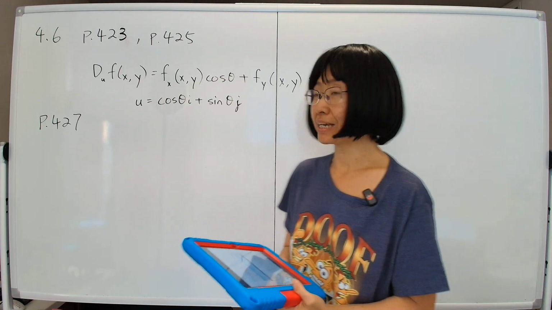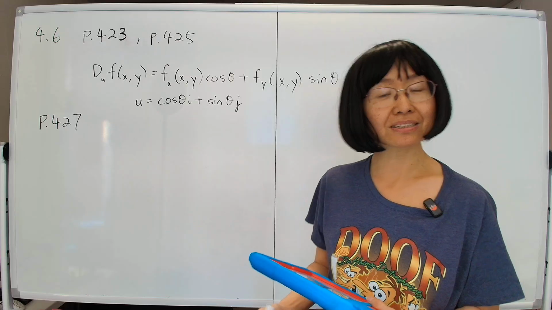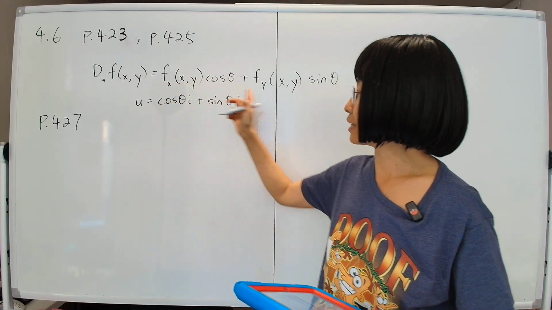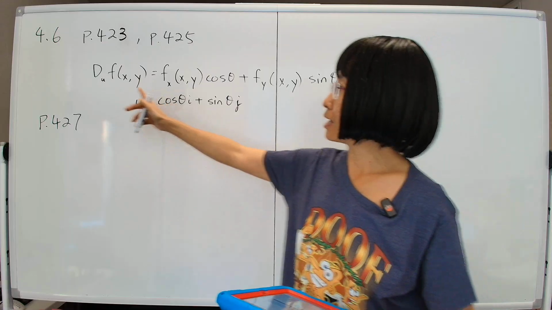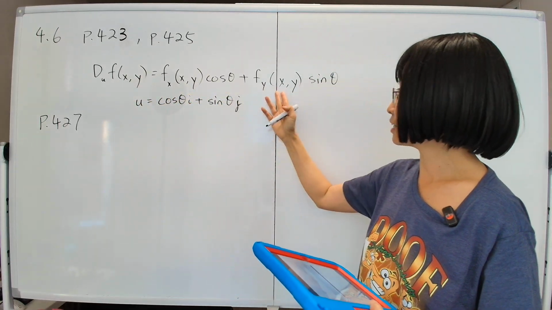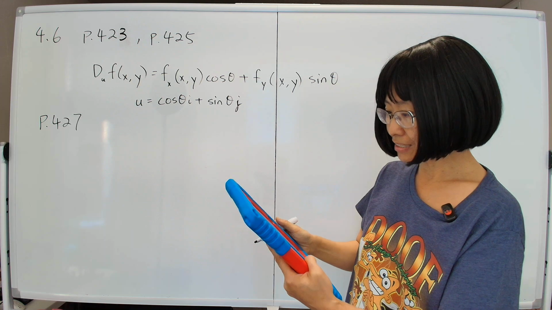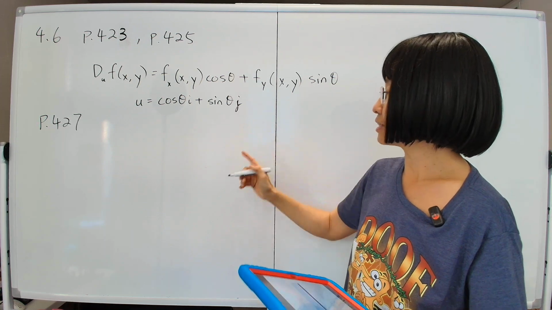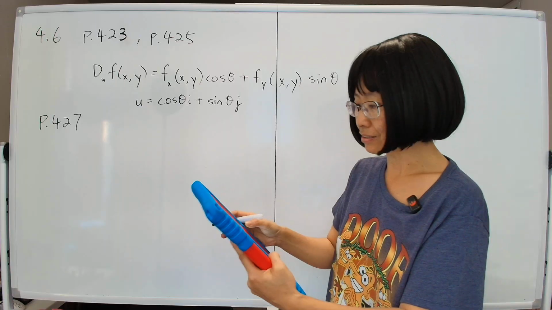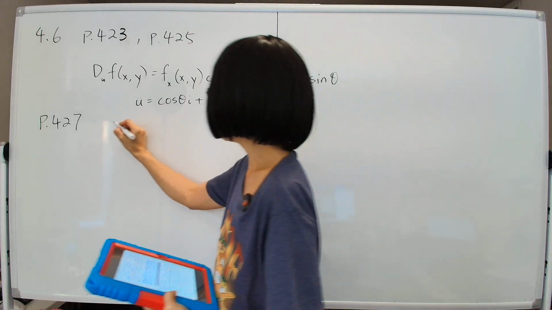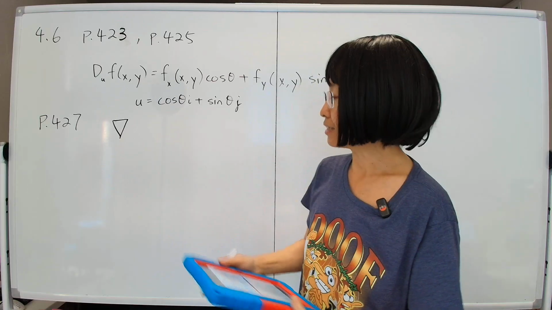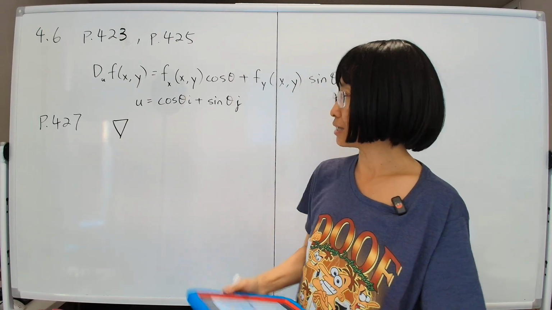Next, let's go to page 427, where we consider the concept called the gradient. Now, gradient is based on this thing right here. If you look at the directional derivative that we just looked at, it equals this thing, which is nice. We can redefine this by defining this particular vector, the upside down triangle, which is the gradient. I'll pronounce it as grad.